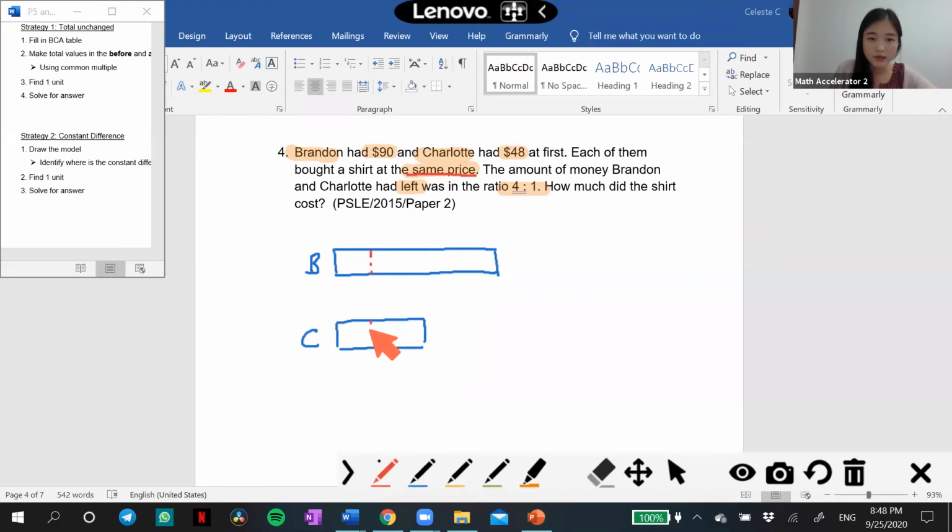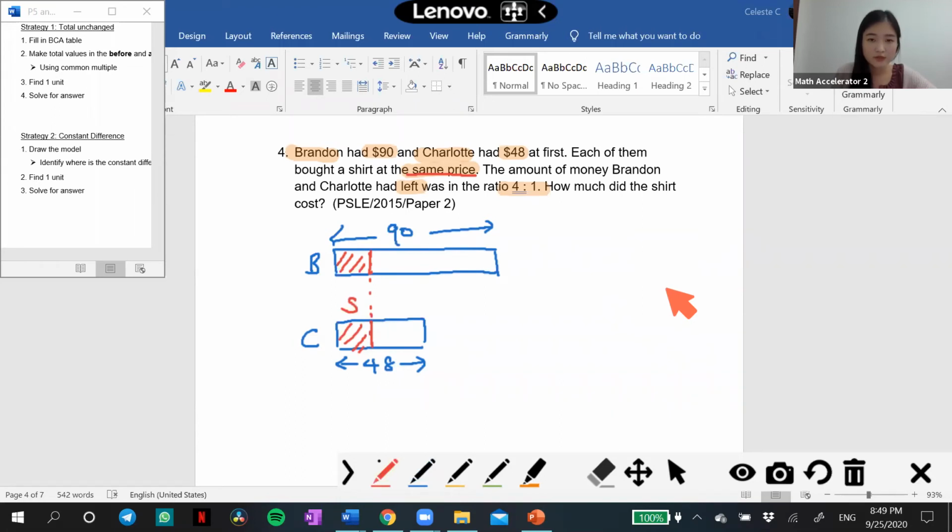So cut away the same amount for the both of them. Right, this is 90, and this is 48. This is the shirt, so S for shirt.